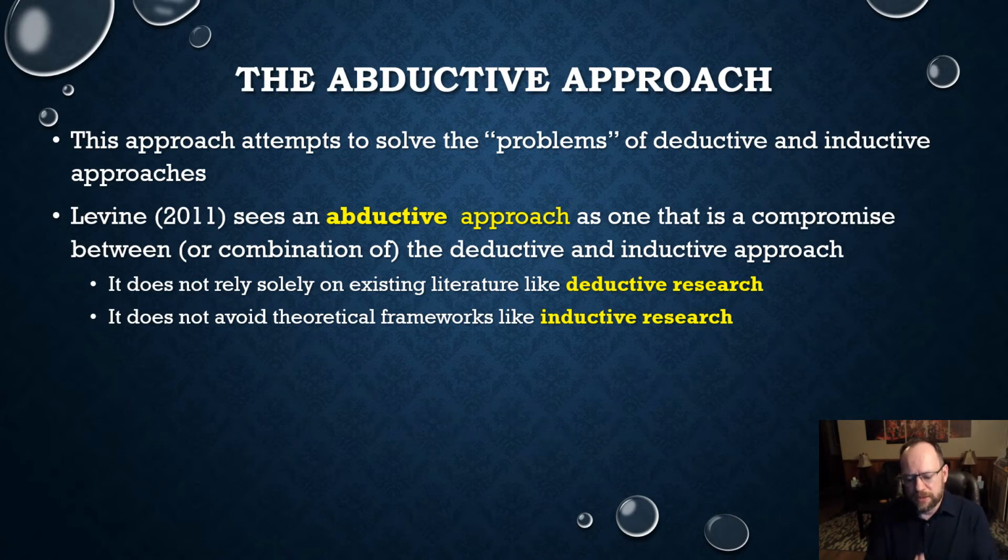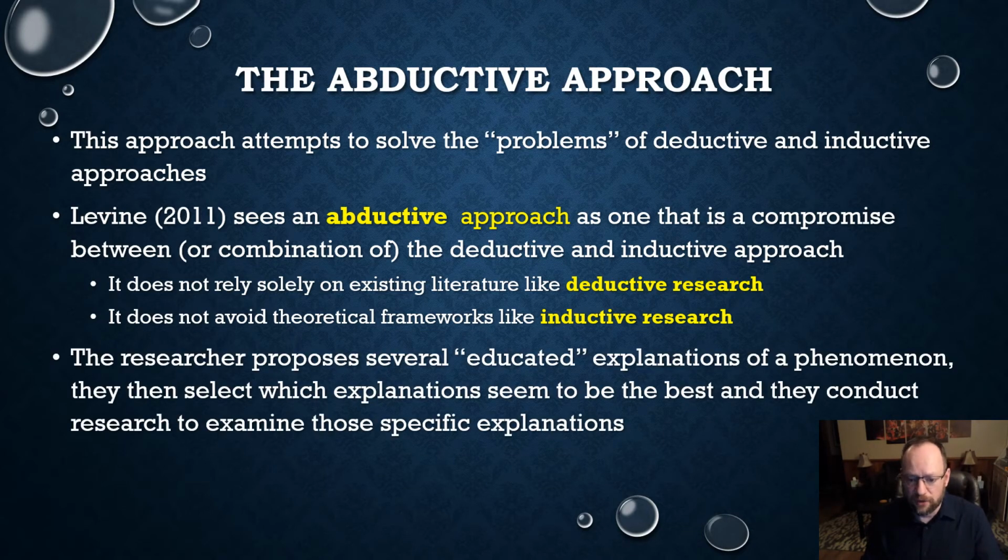So deductive and inductive are coming together to form, hopefully, a more holistic approach that's less flawed. What we do ultimately is, based on the existing literature, we propose several educated guesses, right? Several explanations as to what we think is the best way of looking at a particular phenomenon. Then we select what is best and look at that phenomenon through those lenses.